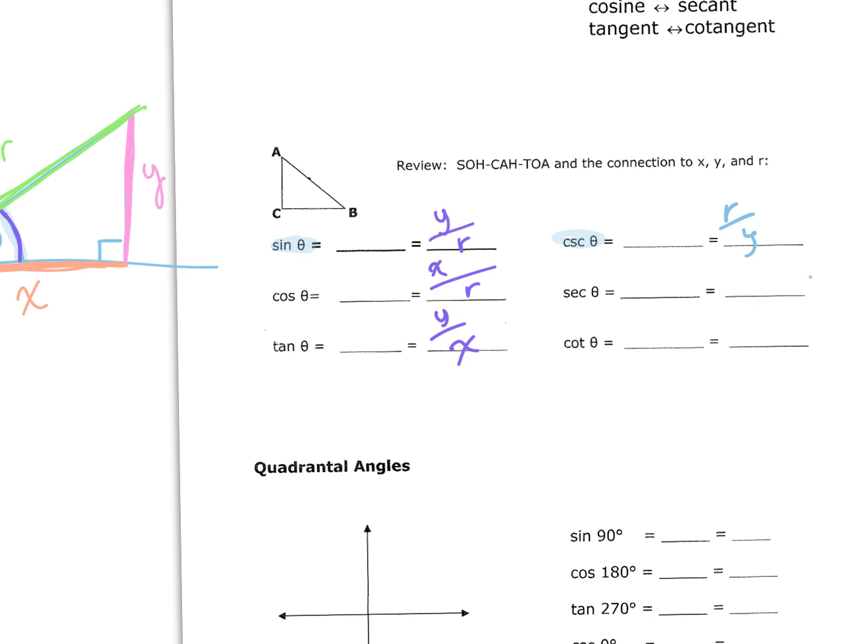But in my opinion, it's easier just to remember I'm going to flip what I know the sine value is. For secant, it means I'm going to flip what I know the cosine is. And for cotangent, I'm going to flip what I know the tangent is. So that's how I like to memorize that. And I think that tends to be less that you have to just kind of commit to memory.